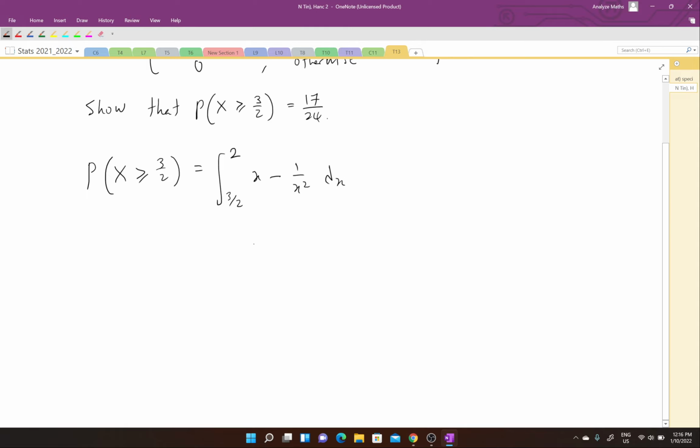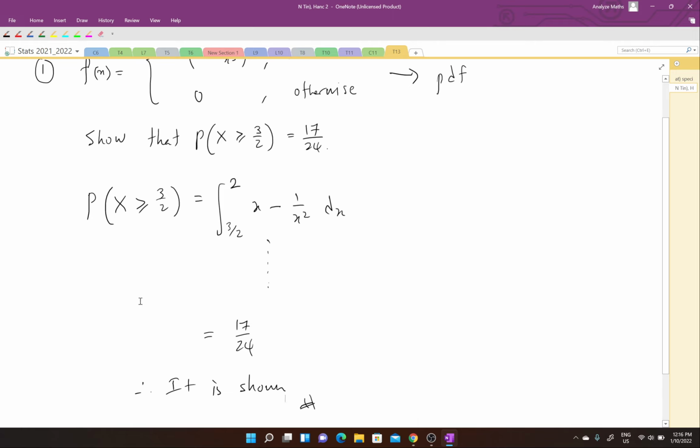So if you compute this, your answer will be 17/24. Right here it is shown. So this is how you have to answer if the question asks you to show that this is the thing. Basically they already give you the answer, but you have to show the working and get the answer.